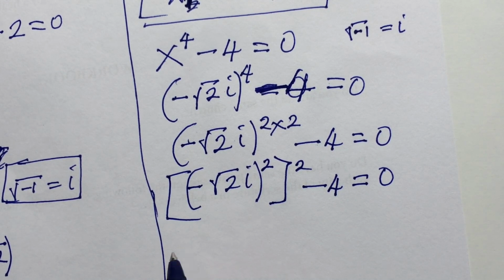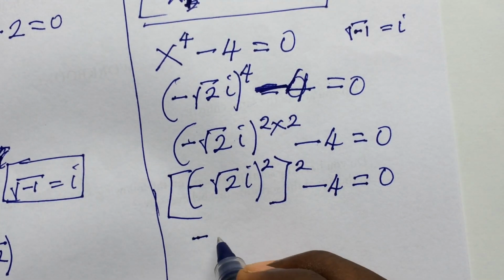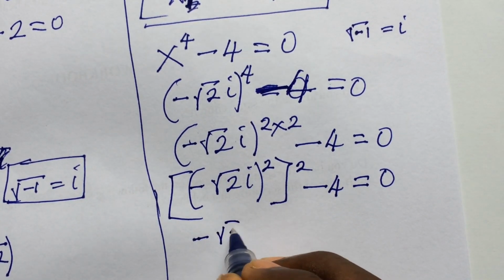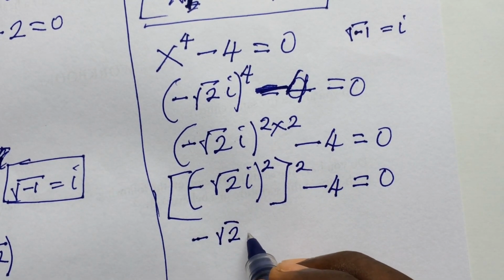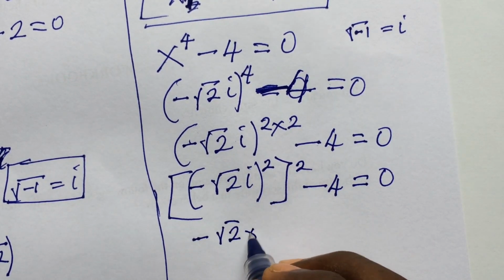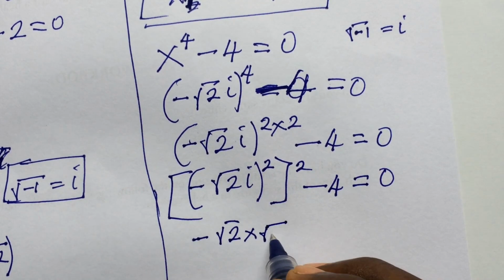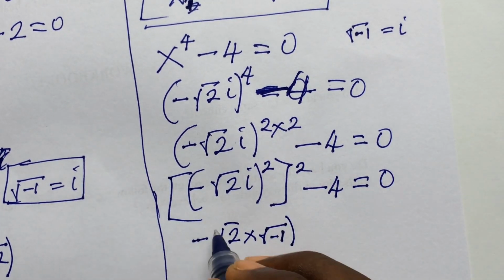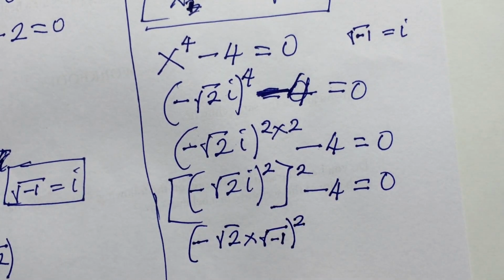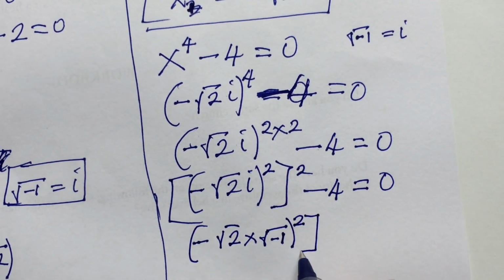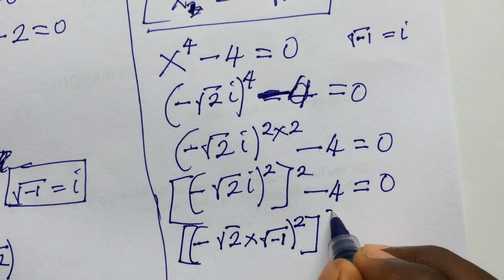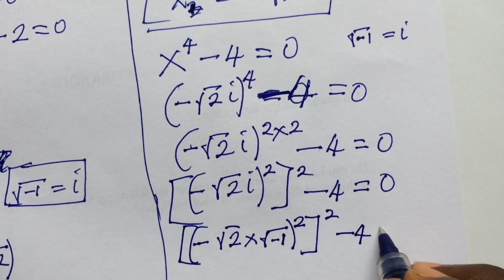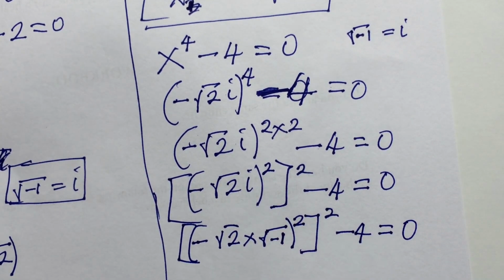If we do that, we're going to have minus root 2 times root minus 1, to the power of 2, everything in the square bracket again squared, minus 4 equal to 0.